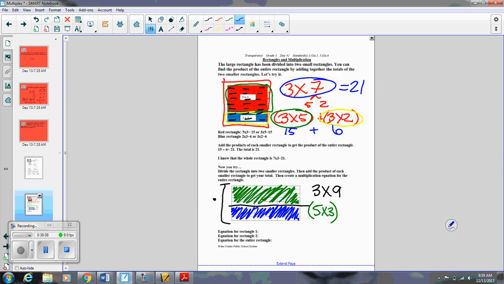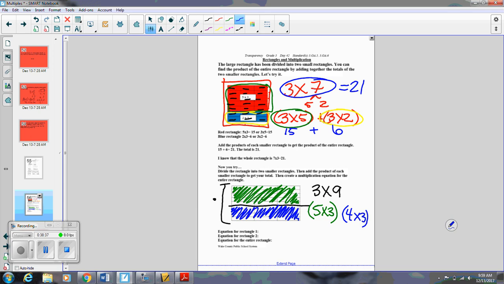And what equation, Gord, does that represent? 3 times 4. 4 times 3, however you want to put it. Does that look familiar? Yes.